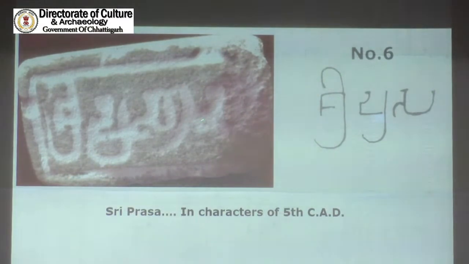Sri Prasad and so on, lost here, in the characters of the 5th century. Here you can see a slight box type. Later, scholars told it is Prasanna Matra.